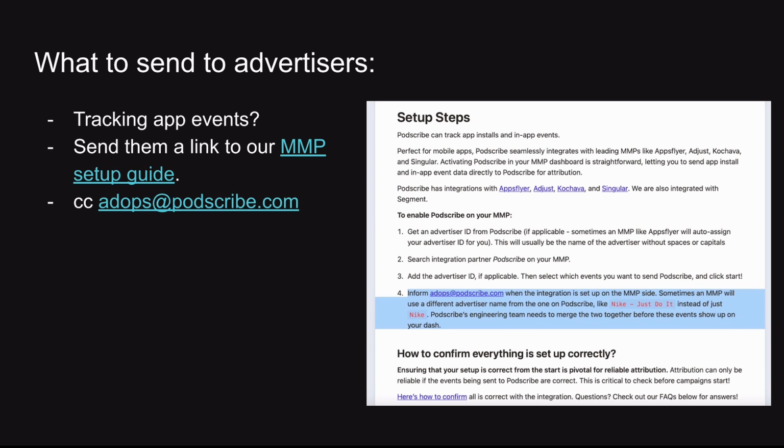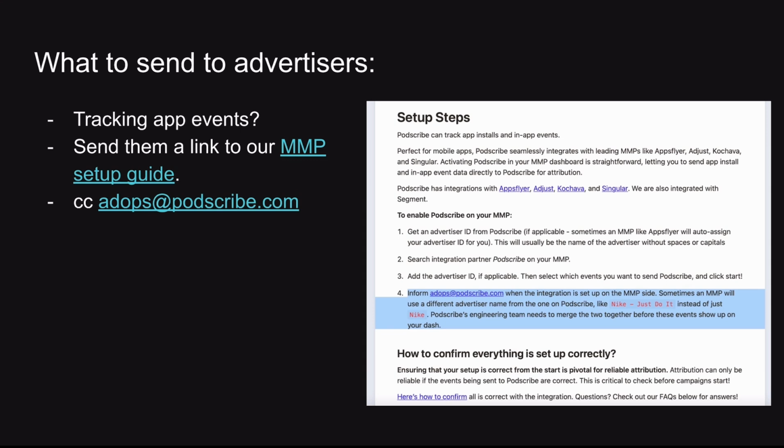For example, if we were setting up Nike, an MMP like AppsFlyer may send back those raw data events under the advertiser name Nike Just Do It. But since that is different from what we are setting up on Podscribe, which is Nike, our system will look at those two names and think those are different.